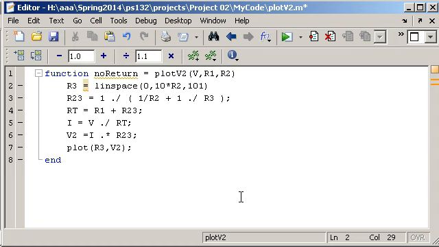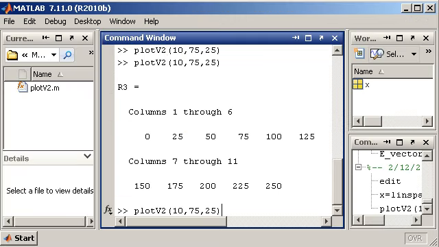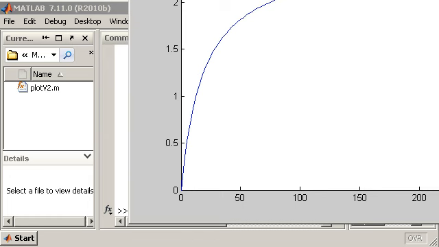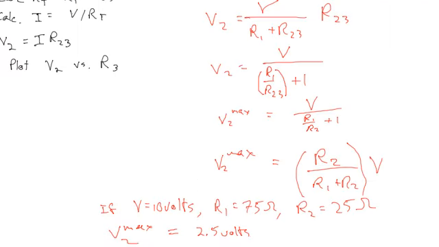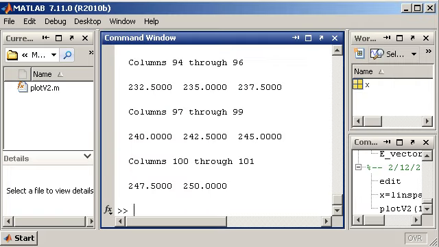This time I've definitely closed the figure. I'll save that, try running it. You know what, it is asymptotically approaching the 2.5, so there's out to 250 ohms. Not all that close to 2.5 though, so I want to try it.